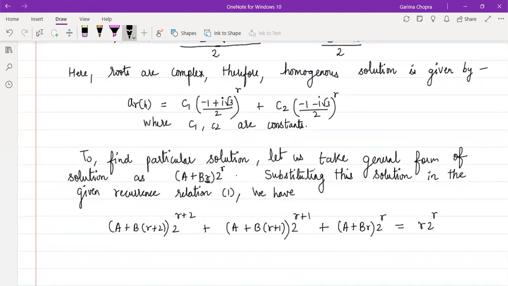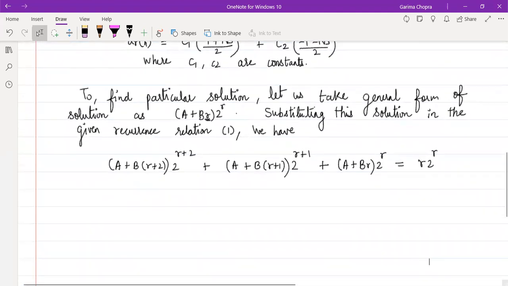Now, we will be simplifying the left hand side, and then we will be comparing the coefficients, and we will be trying to find the values of these a and b. So let us simplify it. We have 2 raised to power r plus 2. We can take it as 4, and then we'll be left with 2 raised to power r. And if we simplify this, we have a plus 2b, and we have rb, and then we have 2 raised to power r.